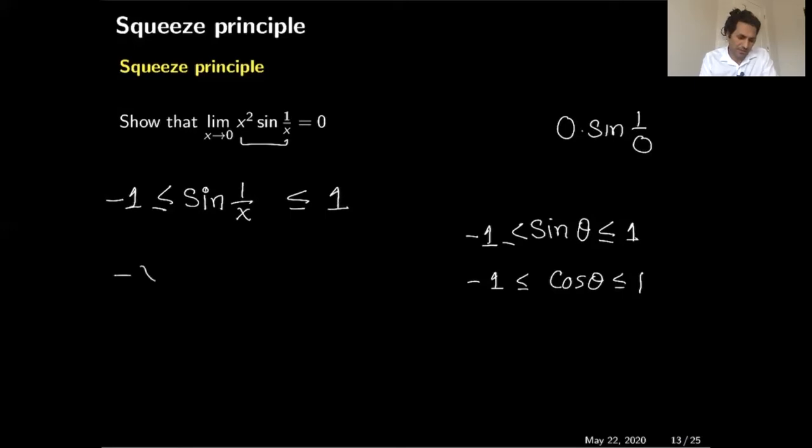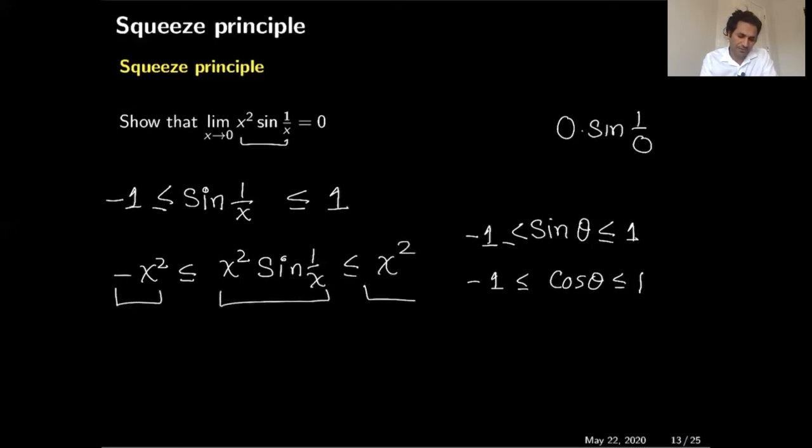So sine of 1 over x is always between -1 and 1. If I multiply by x square on both sides, I get minus x square less than or equal to x square sine 1 over x less than or equal to x square. So I was able to find the two functions which squeeze this function: minus x square and x square.